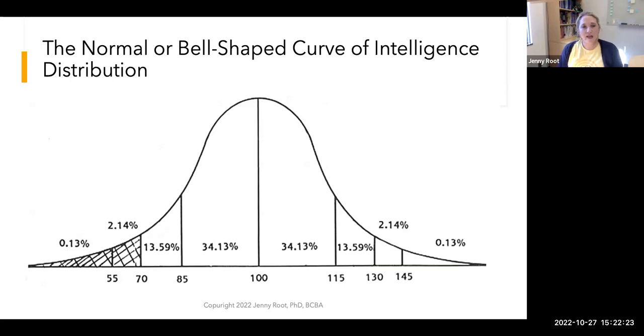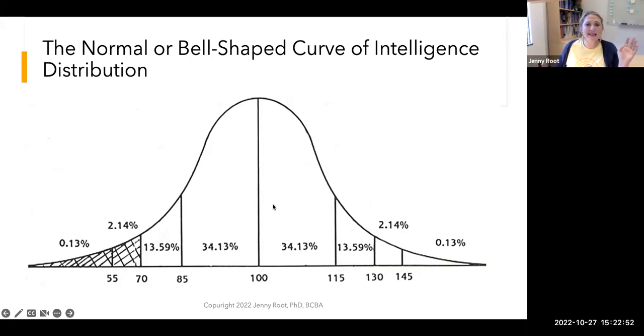The way that we categorize intellectual disability is based on the bell-shaped curve of intelligence, right? If we consider average to be an IQ of about 100, then based on this bell-shaped curve, about 34.13% are going to be up from 100 to 115 and another 34.13% down to 85.